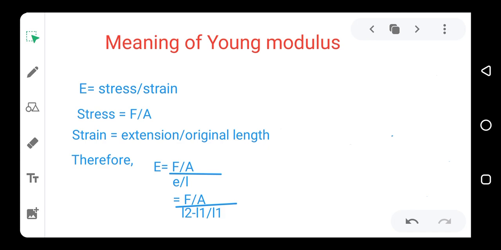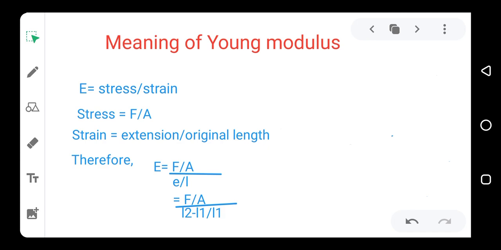So Young modulus, which is defined as the ratio of stress to strain, can now be said to be the force over area, then over the extension over the original length. Stress alone is force over area, and strain is equal to extension produced over the original length.